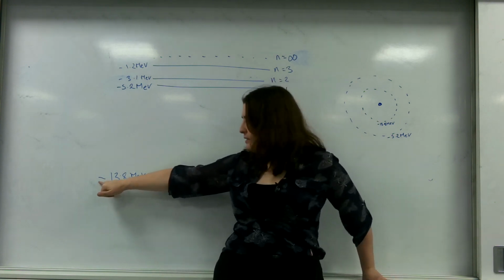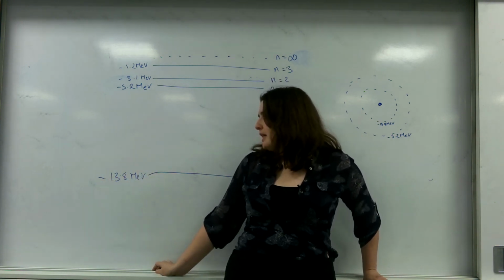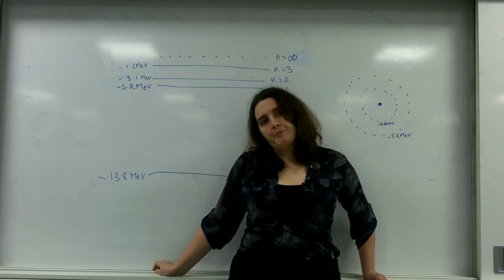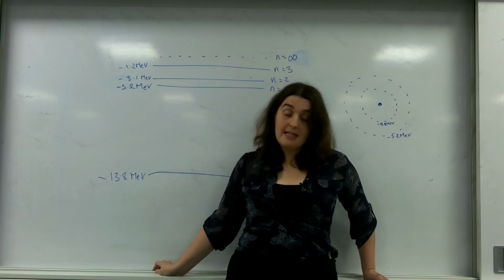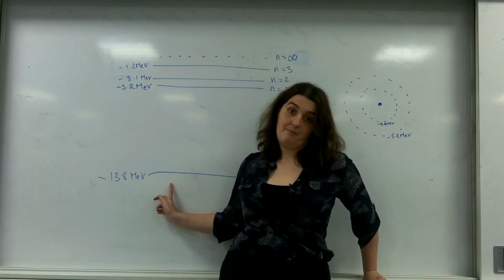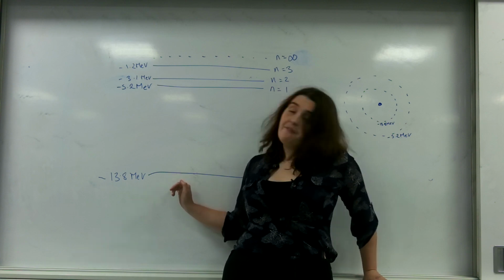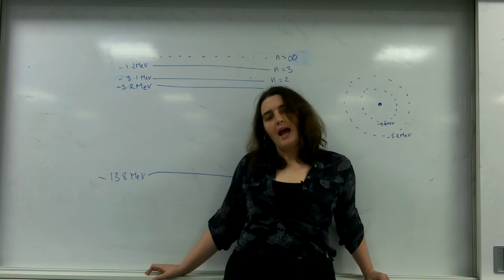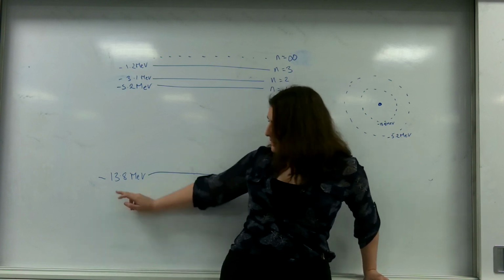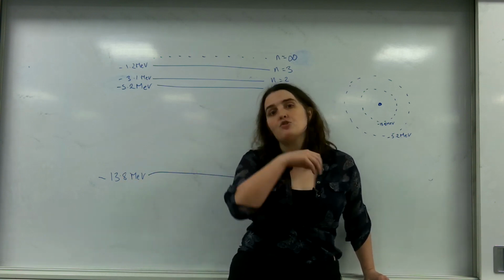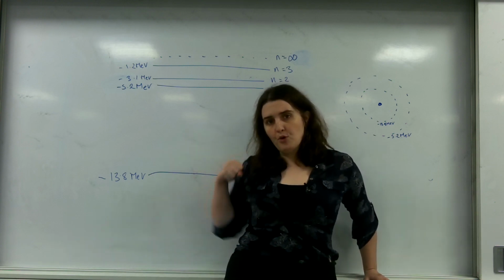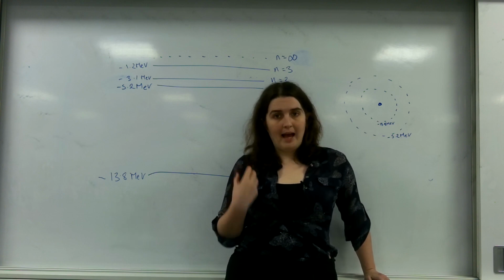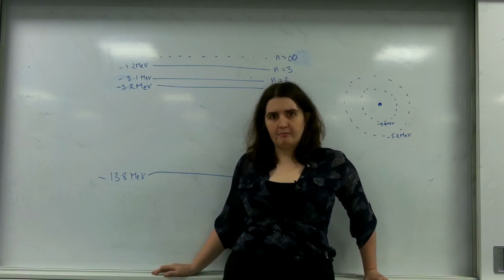This number here, this minus 13.8 mega electron volts, is the amount of potential that I need to rip an electron out from if it was here. So if an electron was orbiting a proton or a nucleus of an atom and it was at the ground state, this is how much energy I would need to put in to remove it fully from the atom, to ionize the atom.